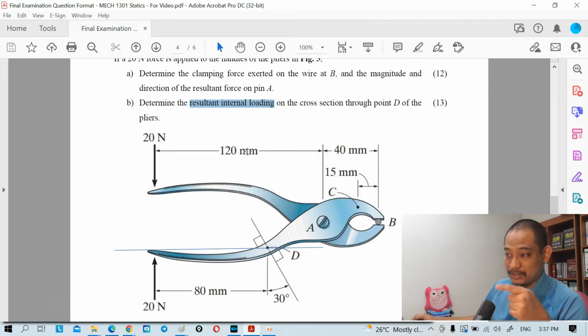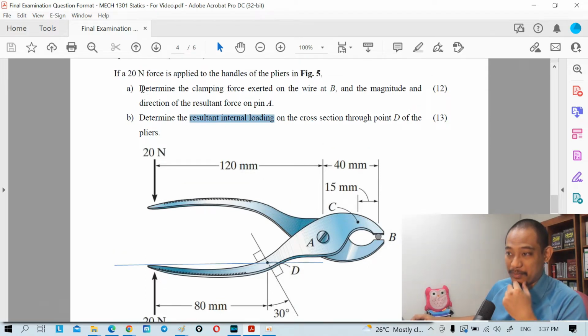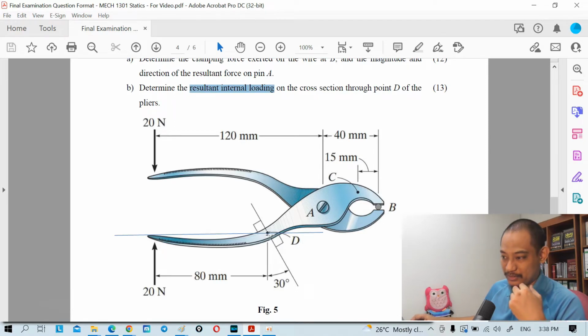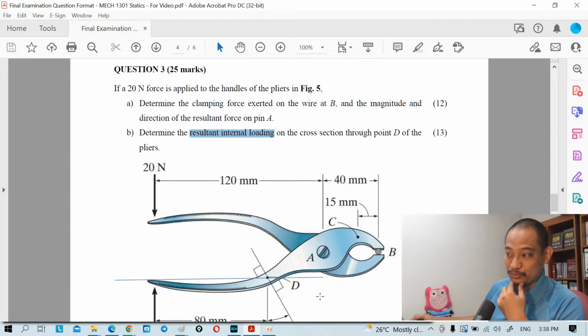This means you have to answer part A first before you can answer part B, because you have to know the forces. Well, it depends, because if you cut here and use just the left, then even if you do not have the answer for part A, you can still get the correct answer for part B.